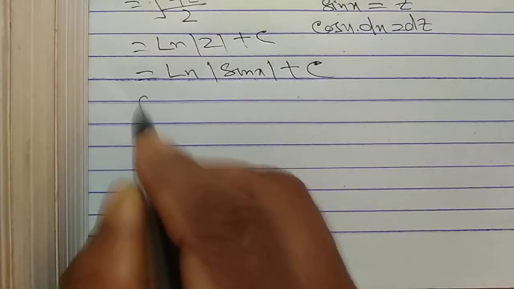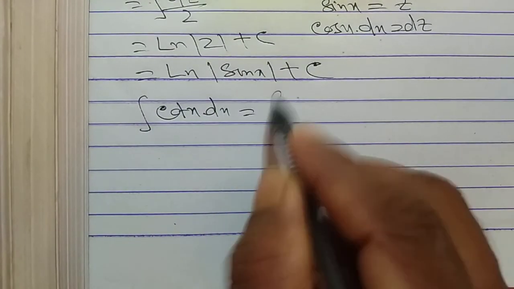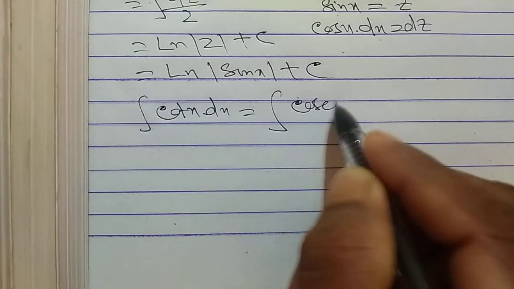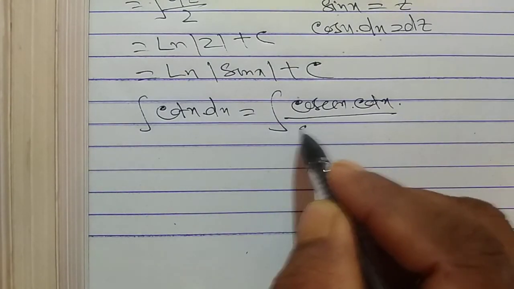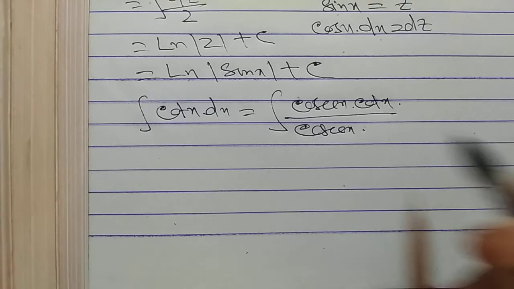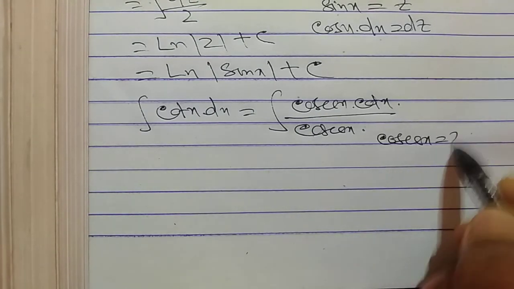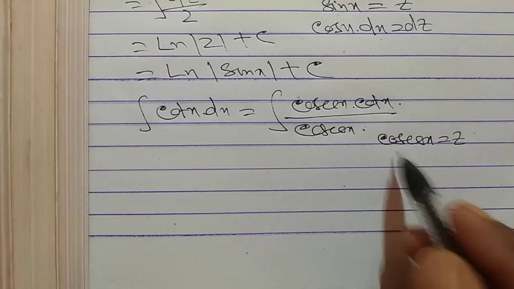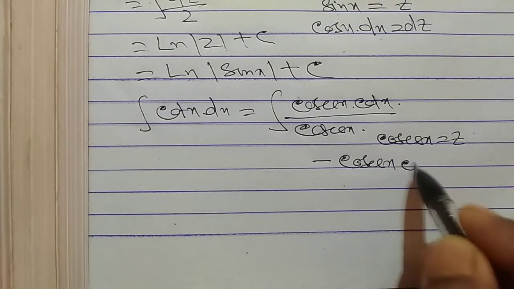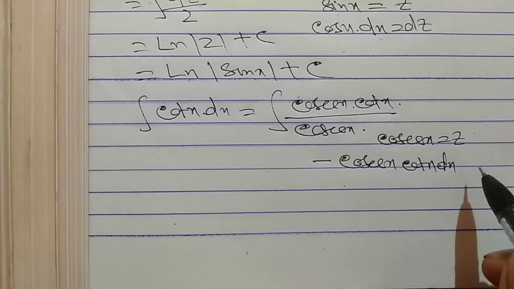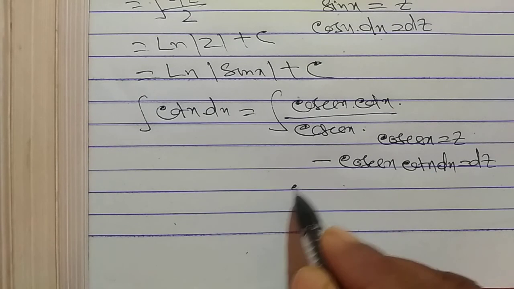Again, integration of cot x dx is equal to cosec x into cot x by cosec x. Taking cosec x equal to z, the derivative of cosec x is minus cosec x into cot x dx, that is equal to dz.